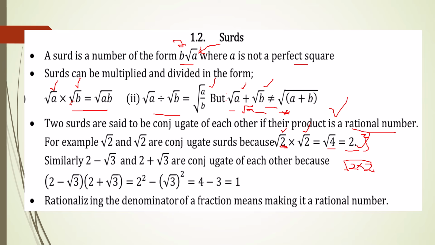Similarly, when you're talking about conjugates in surds, you get the number with a square root, and then to get its conjugate, you change the sign which is next to the value under the square root. Here you can see that it's 2 minus root of 3.